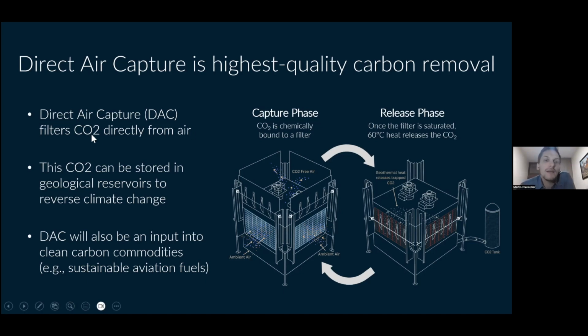It can then be stored in geological reservoirs, or, in a longer-term view, it can also replace every fossil atom of carbon in the global economy today, which will be another key use for direct air capture some years down the line, and very much part of our vision for building out this industry and green industrialization in Kenya.